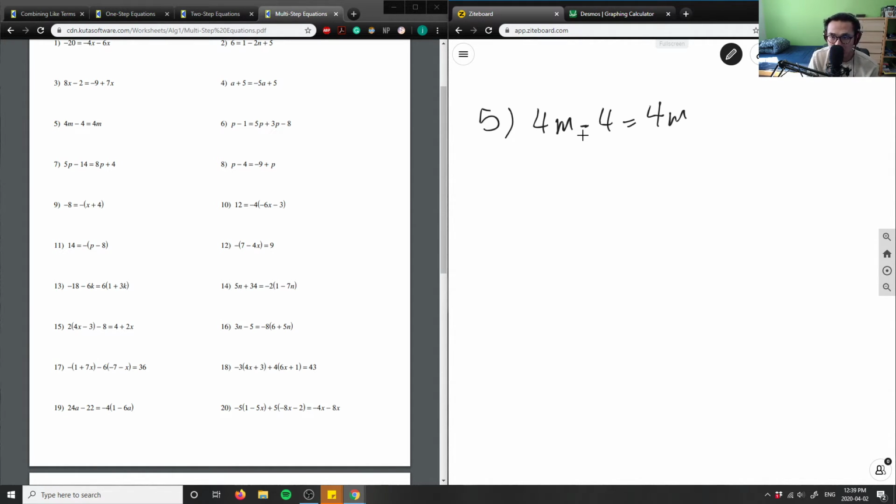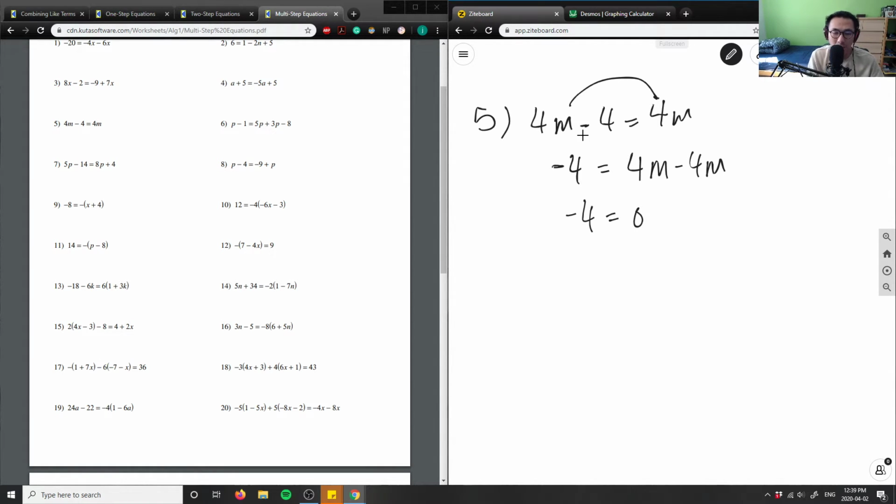I see 4m here and 4m here. I want to bring this to the other side, so I'm going to subtract 4m from both sides. So this just goes away. I'm left with negative 4 equals, what's 4m minus 4m? It equals 0, right? So I have negative 4 equals 0.